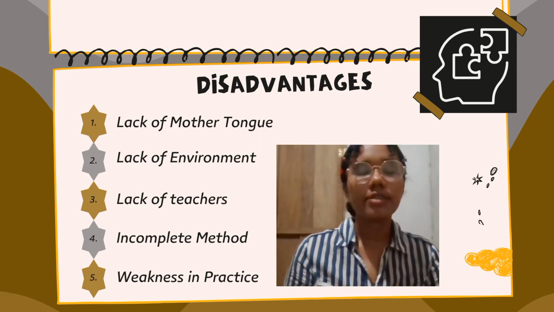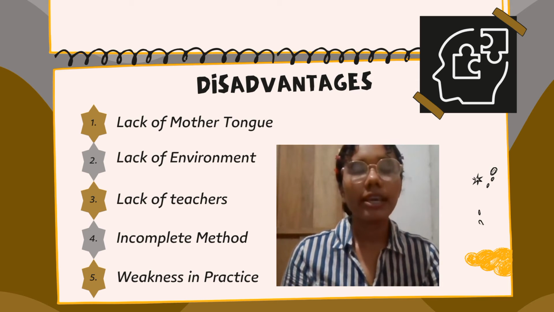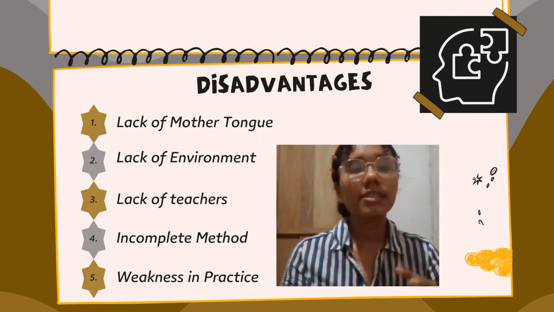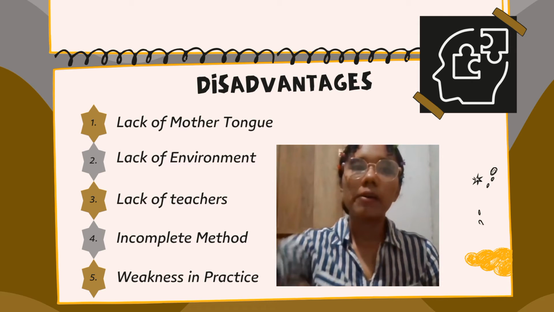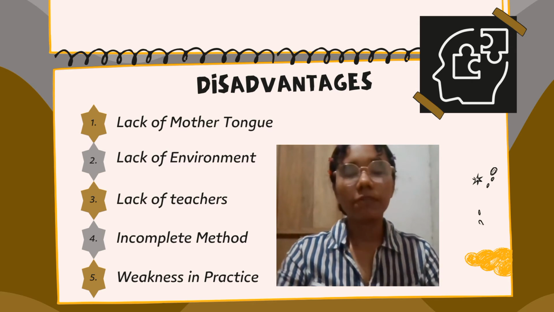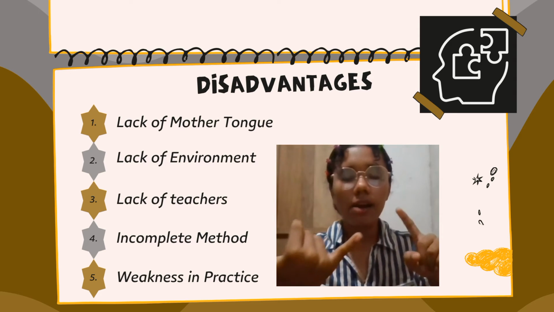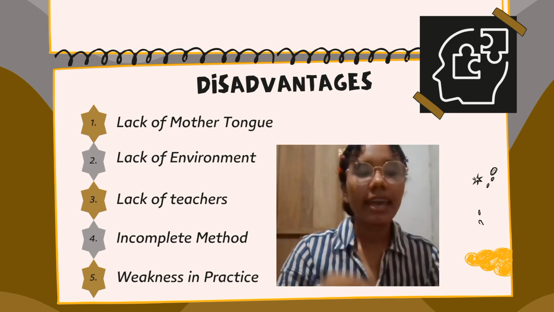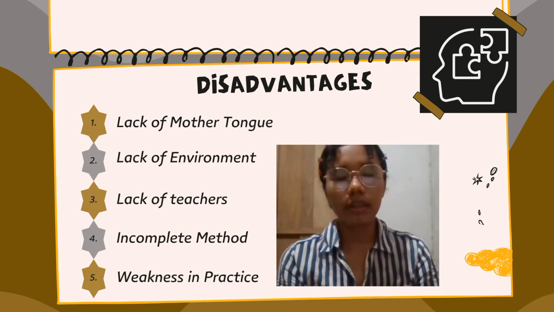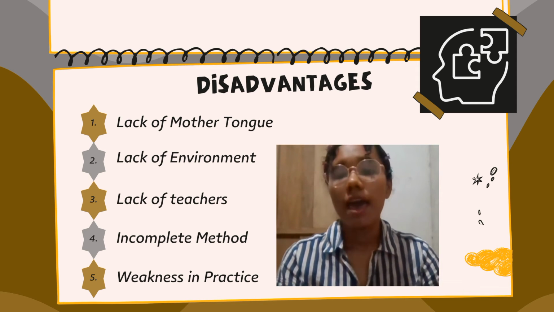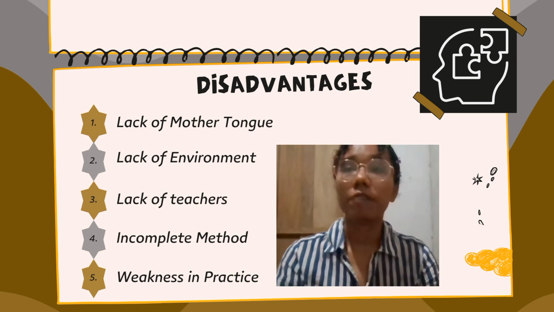In addition to this, the incomplete method is another disadvantage. It can be said that this just focuses on the oral aspect of the language. So other points such as writing and listening, which are also important in the learning process of the students, are left out of a complete method.